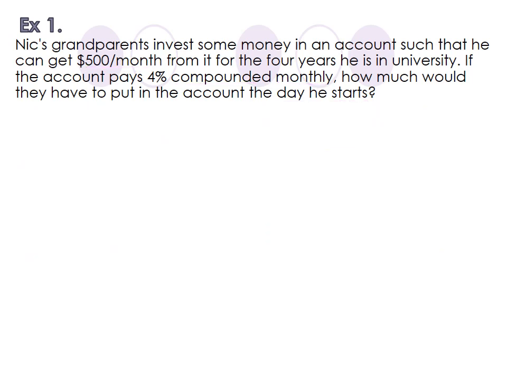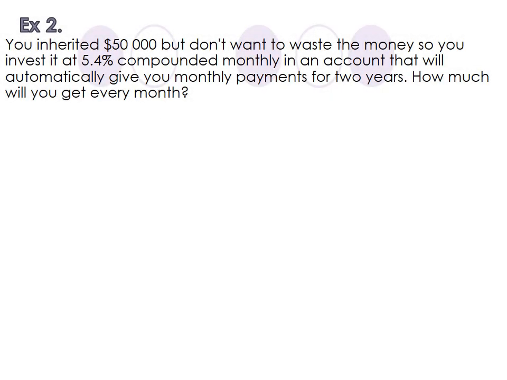Example 2. You inherited 50 grand but don't want to waste the money, so you invested at 5.4% compounded monthly in an account that will automatically give you monthly payments for 2 years. How much will you get every month? Keywords. Compounded monthly. You inherited 50 grand.